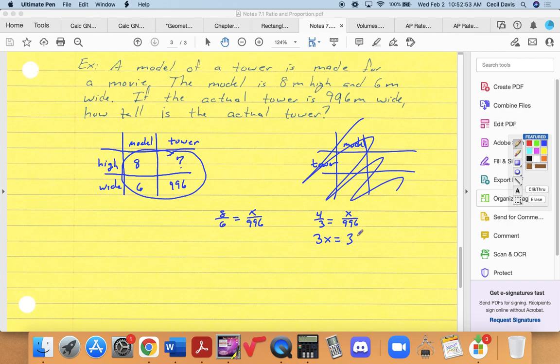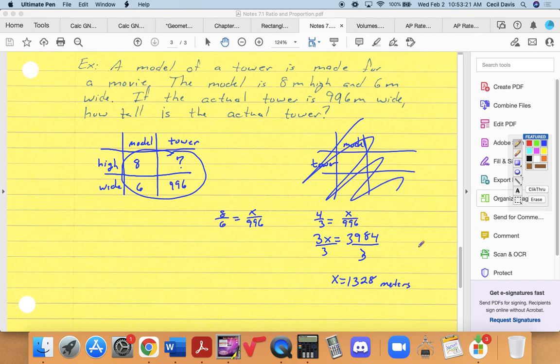So 3,984. Then we just need to divide by 3. So it's 1,328 meters.